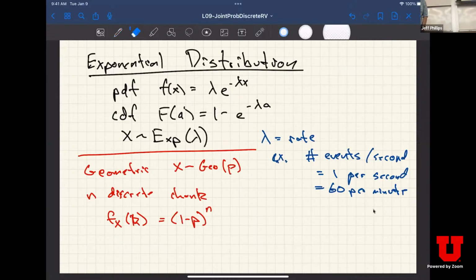So this n parameter goes in here. The probability it does happen is p, so if it doesn't happen for n of these time steps, it's 1 minus p to the power n.